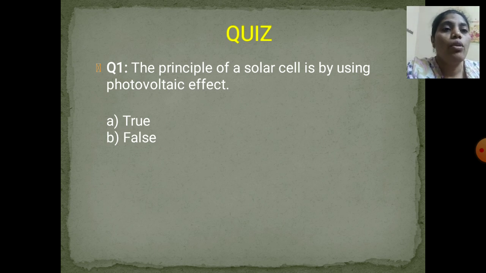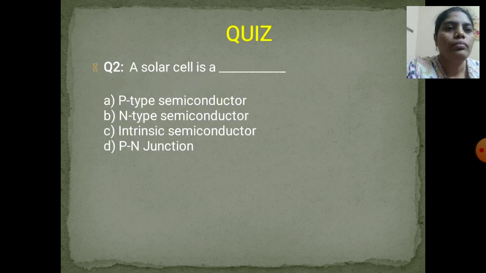The principle of a solar cell is by using photovoltaic effect. Is it true or false? We discussed this, and also we have seen what is photovoltaic effect. So this statement is true. A solar cell is a p-type semiconductor, n-type semiconductor, intrinsic semiconductor or p-n junction.